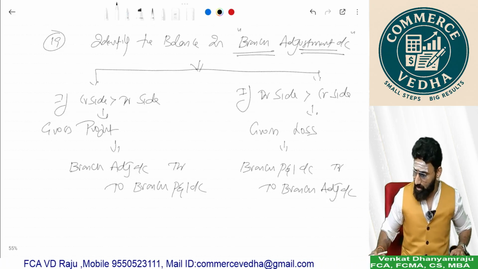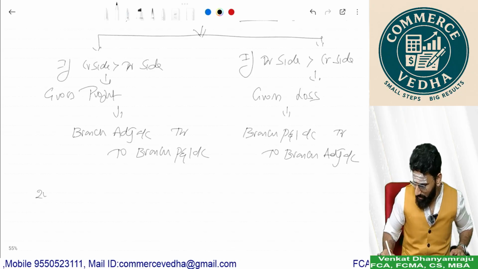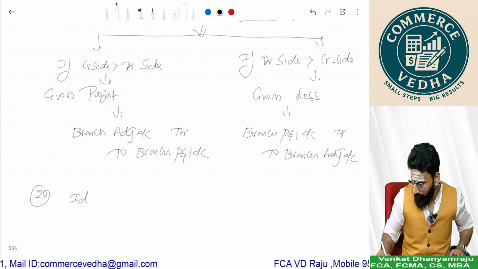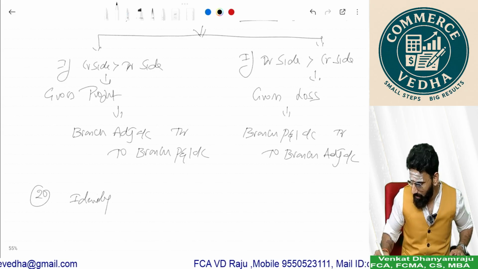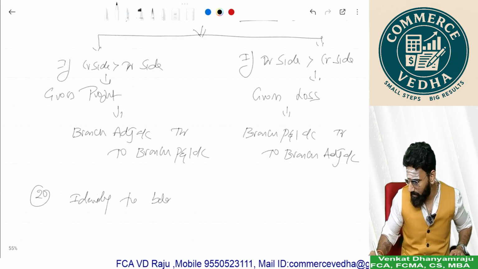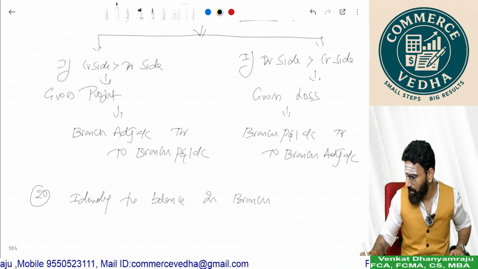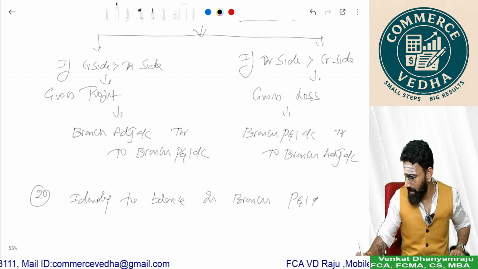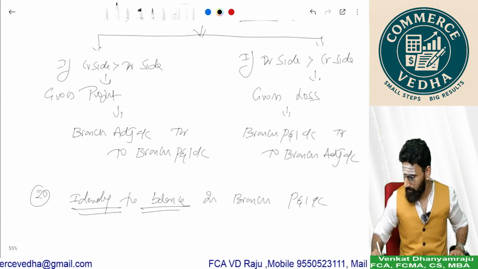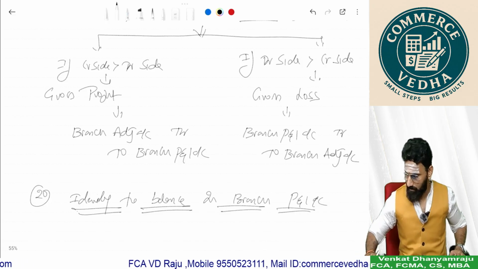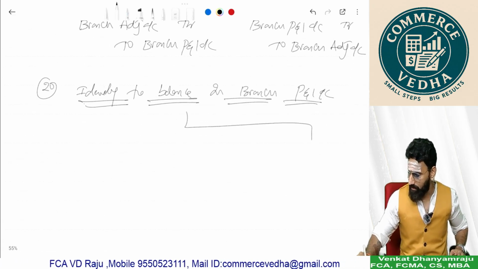All accounts are closed. Now comes identify the balance in branch P&L account. Again, there are two chances.